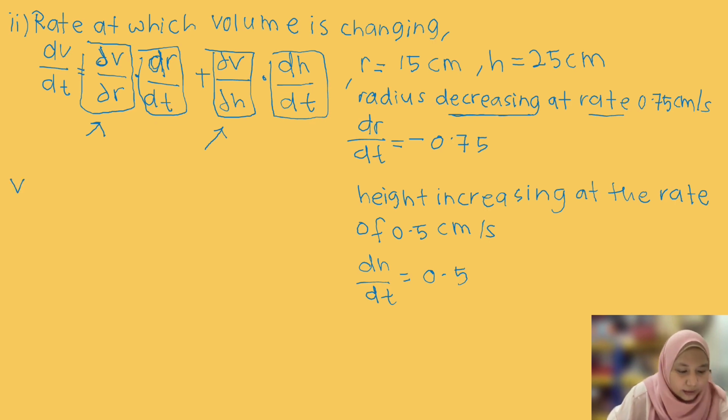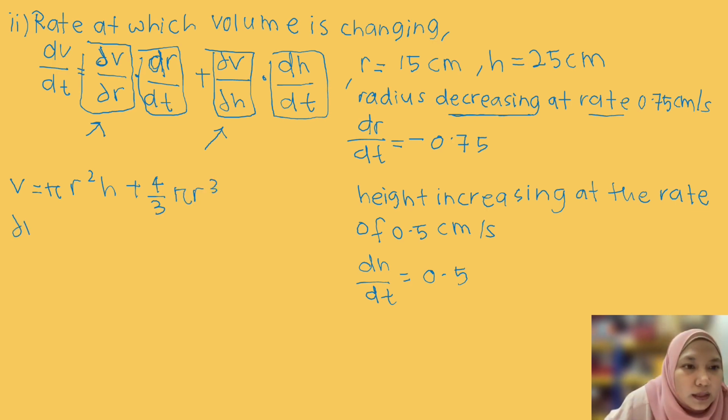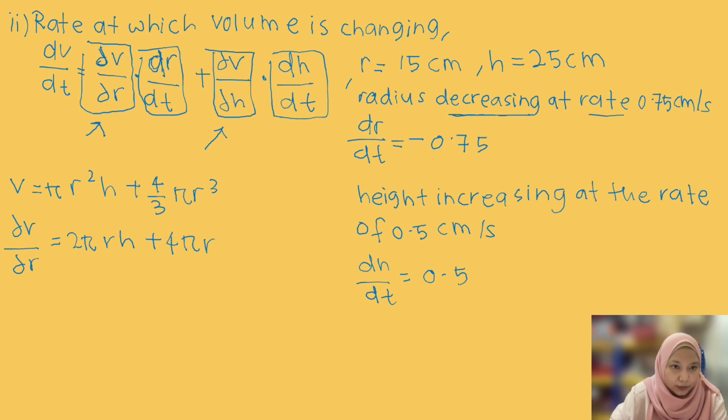We use the formula of the volume given from the question, V equals pi r squared h plus 4/3 pi r cubed. So we will find our dV/dr from here. Differentiating with respect to r, we get 2 pi r h plus 4 pi r squared.